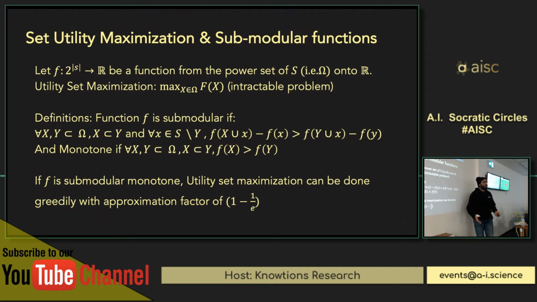As the subset you're considering gets larger, the gain you get by adding a new prototype to the subset decreases.